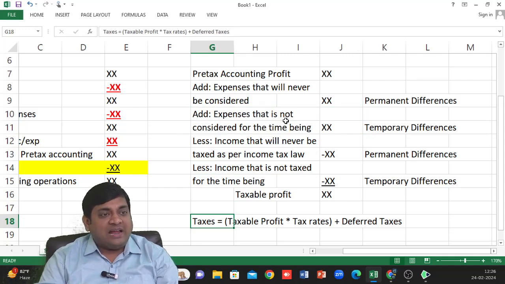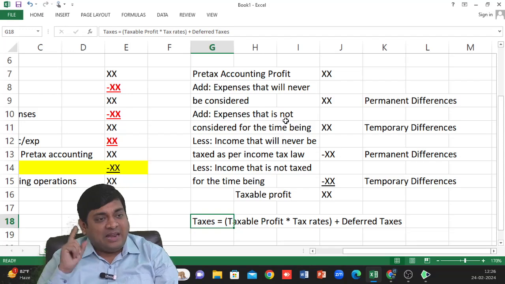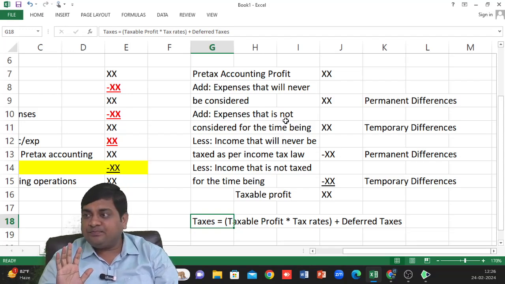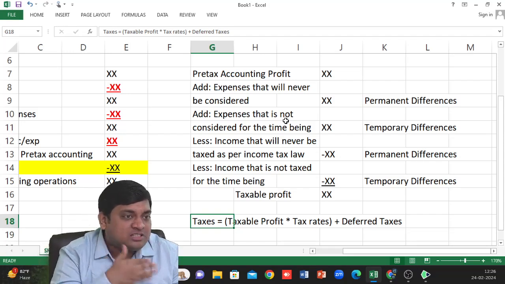So when I do deferred tax, liability I will add, asset I will subtract. Is it okay? We'll come into these concepts slowly.